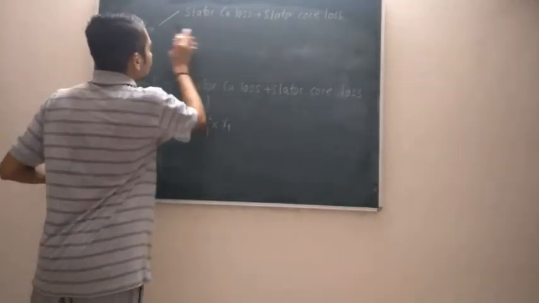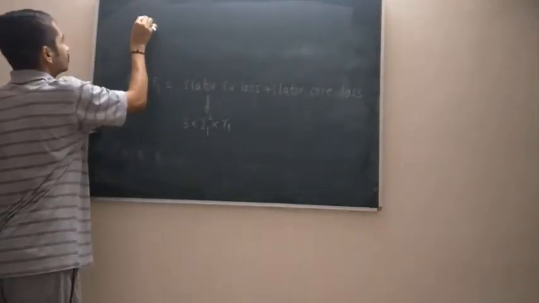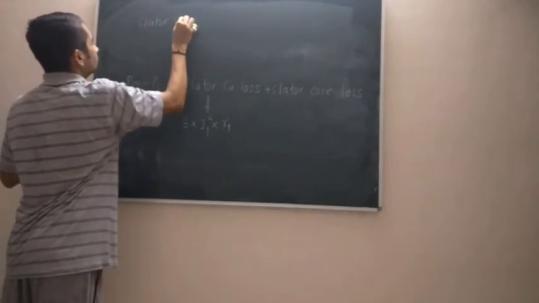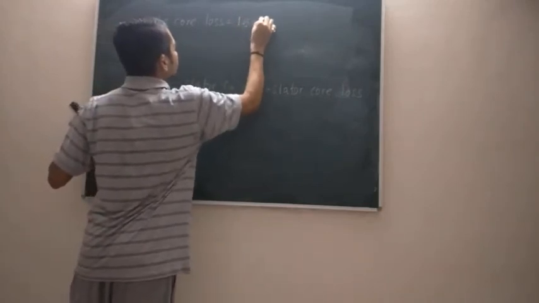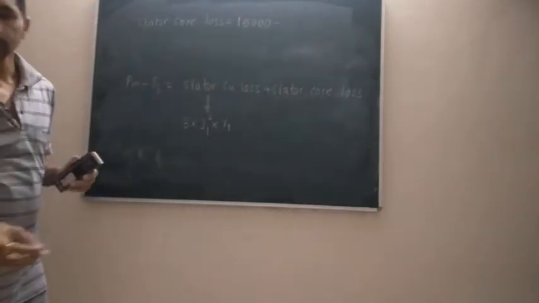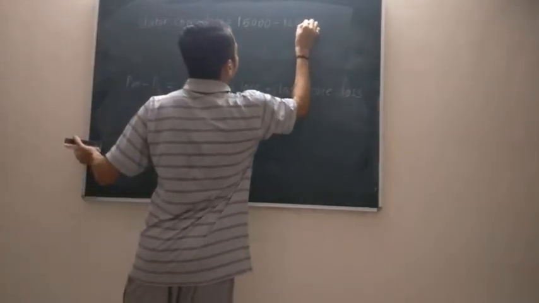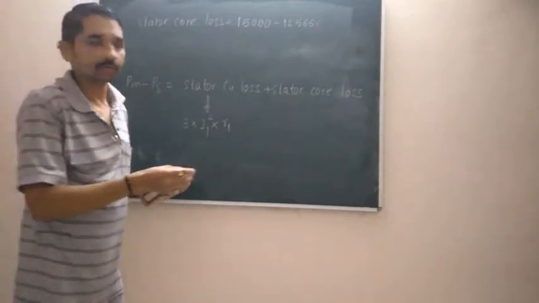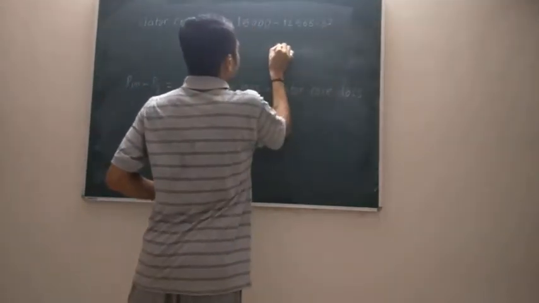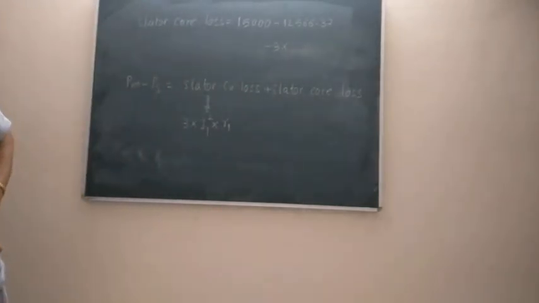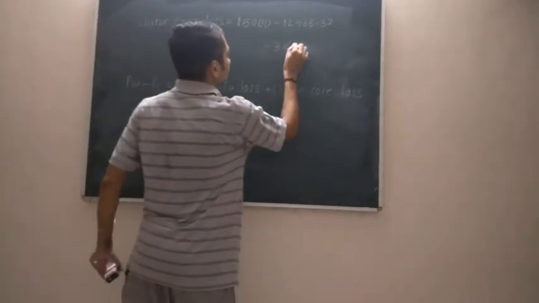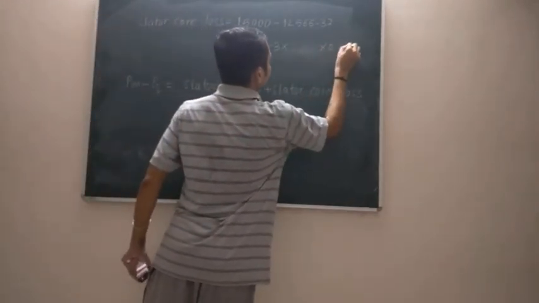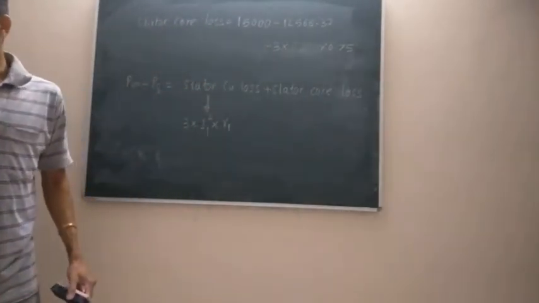So now I can write down the stator core loss as P_in, which is 15,000, minus Pg, which is 12,566.37, minus 3 times the per phase stator resistance they have given, 0.75 ohm, and the per phase stator current, that is 20 ampere squared.